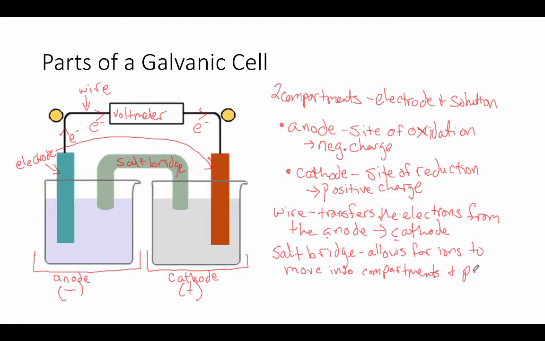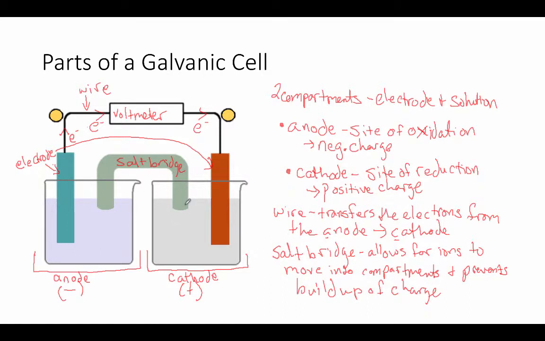And by doing that, it prevents the buildup of charge. Additionally, it also completes the circuit. So if you don't have the salt bridge, your galvanic cell is absolutely not going to work.